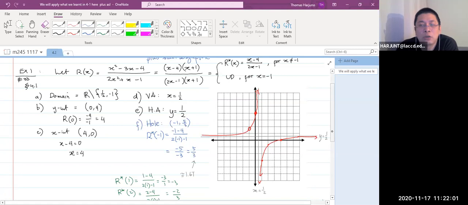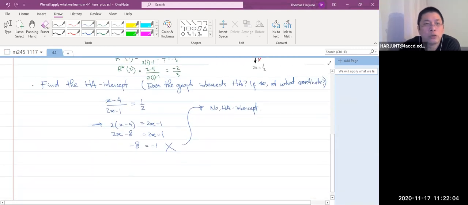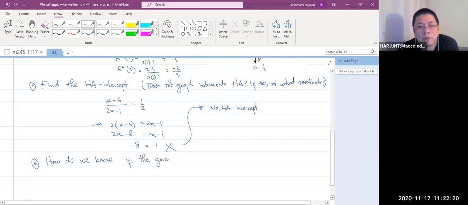Okay, now another tool that we already know is how do we know if the graph is above or below the x-axis? Now that one we actually already know.